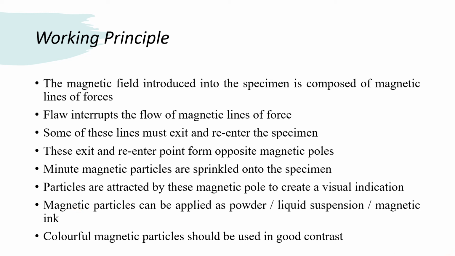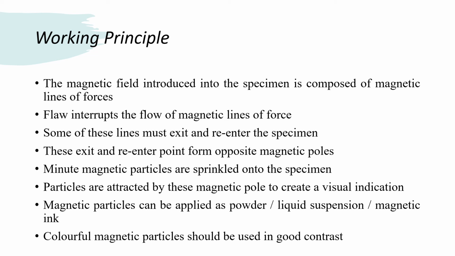Now come to the working principle of magnetic particle testing. When a specimen is magnetized, the magnetic lines of force are predominantly inside the ferromagnetic material. The magnetic field introduced into the specimen is composed of magnetic lines of force.